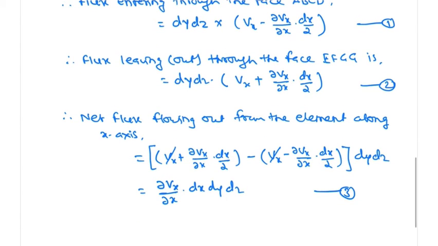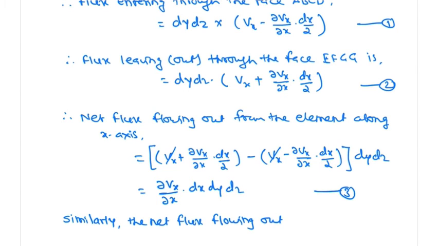If equation 3 represents the net flux flowing out from the volume element along the x-axis, similarly we calculate the net flux flowing out from the element along the y-axis.